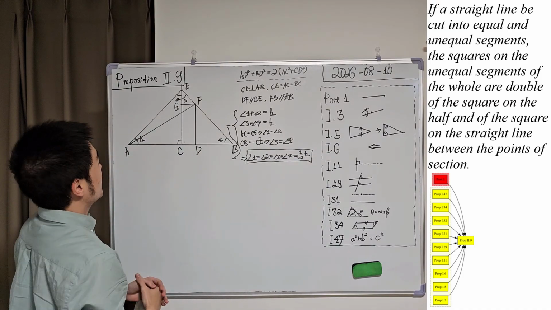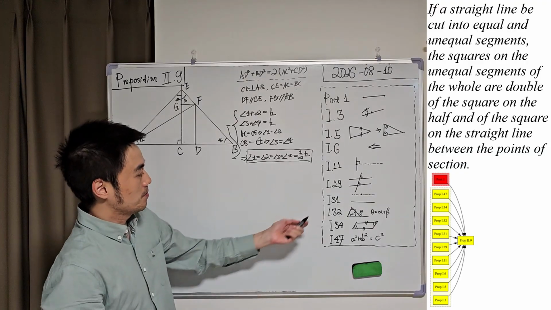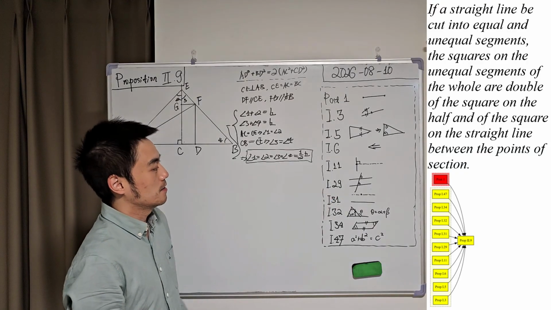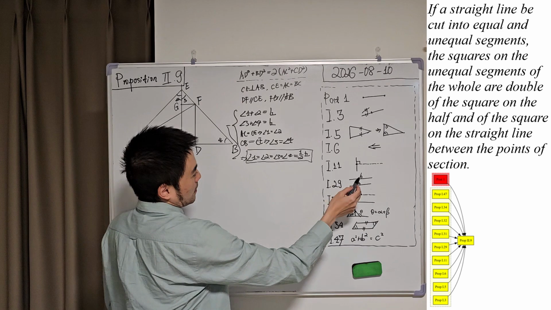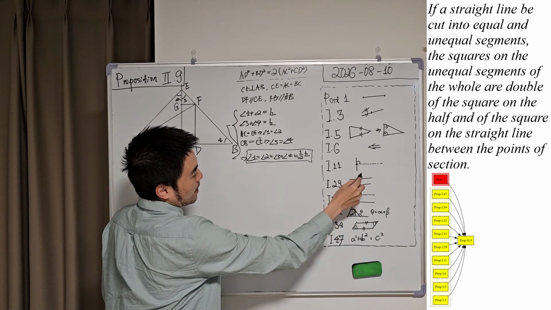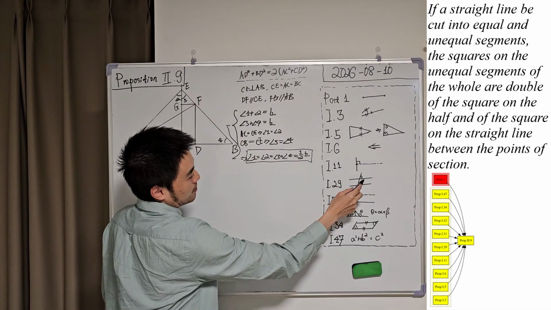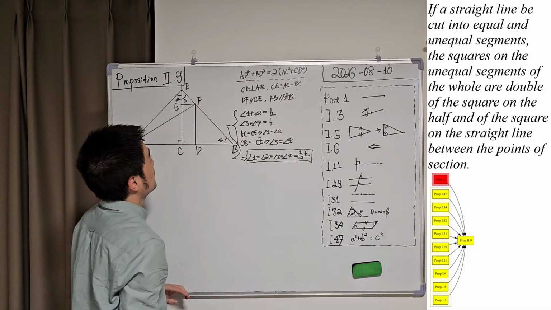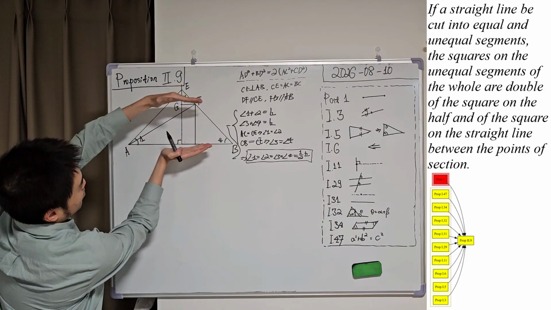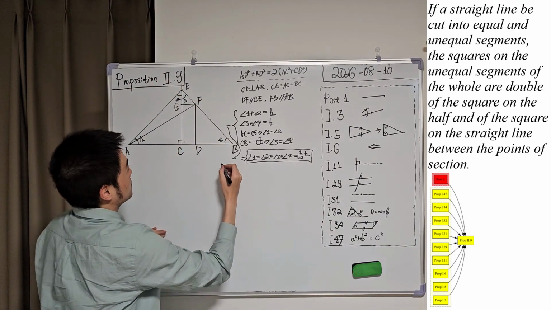And in the next step, let's think about Proposition 29 from Book 1. It declares that if a straight line is falling on parallel lines, then the exterior angle is equal to the opposite interior angle. So have a look at these two pairs of parallel lines.